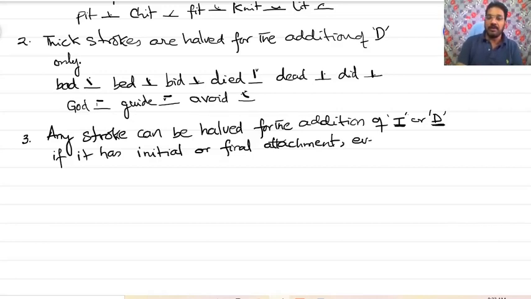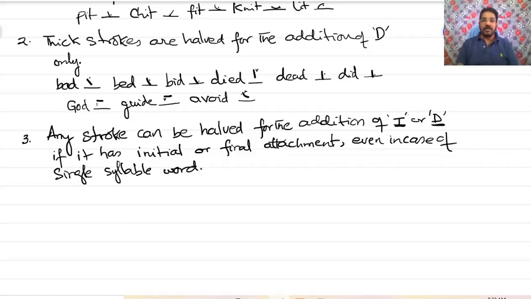Even in the case of a single syllable word, it can be halved for the addition of T or D if it has an initial or final attachment. What are attachments basically?